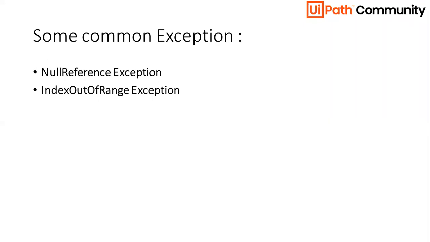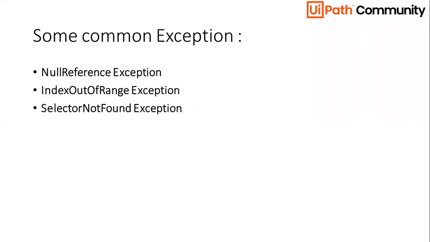Now if you're trying to access the sixth element, that is index out of range because that index does not exist. If you try to access 6 or 10, which is not in the range of 1 to 5, you would get an index out of range exception.